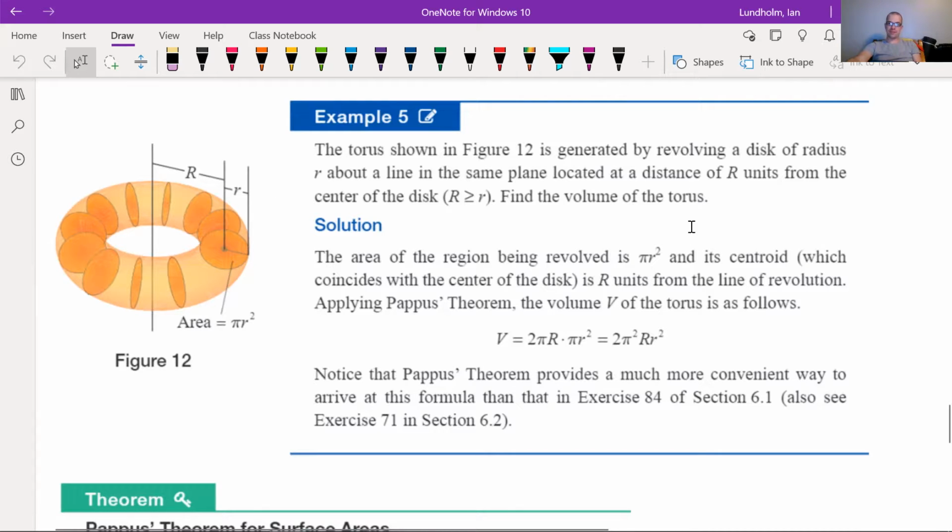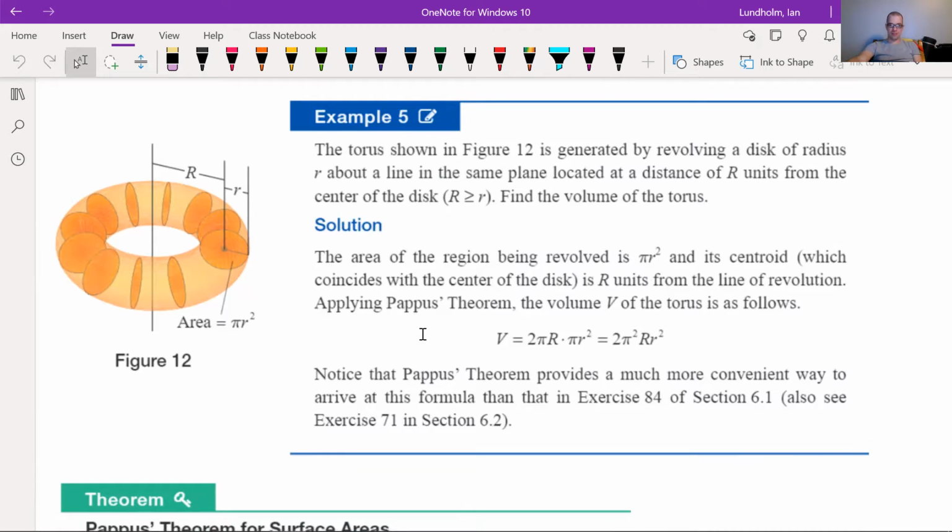All you'd need to do is calculate the area of the cross-section, pi r squared, little r, and then multiply that times 2 times pi times the big radius to the centroid of that cross-section. And yeah, you get a really nice volume formula for that. And it would have taken quite a bit more steps if we were going to do that with the washer or shell method, a couple sections ago.